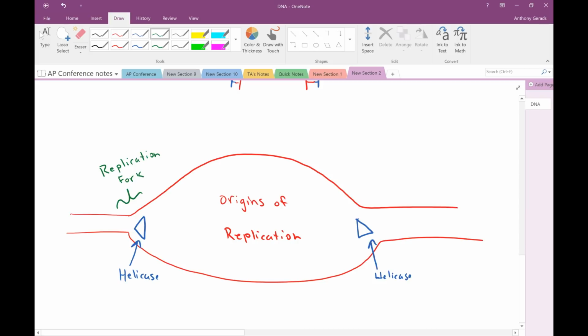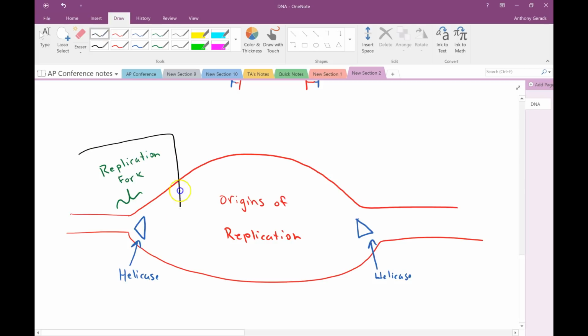Because it's where there's like a split. It starts as one and it splits, kind of like a fork in the road. And I can have multiple of these origins of replication along the DNA. That way DNA gets replicated faster. Helicase unzips it, forms a replication fork, and we keep on keeping on.